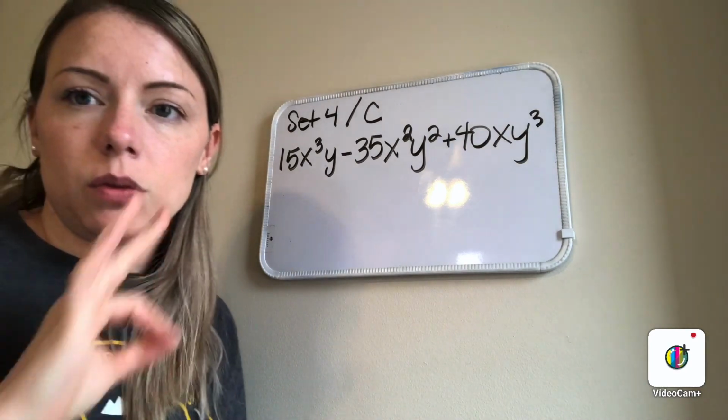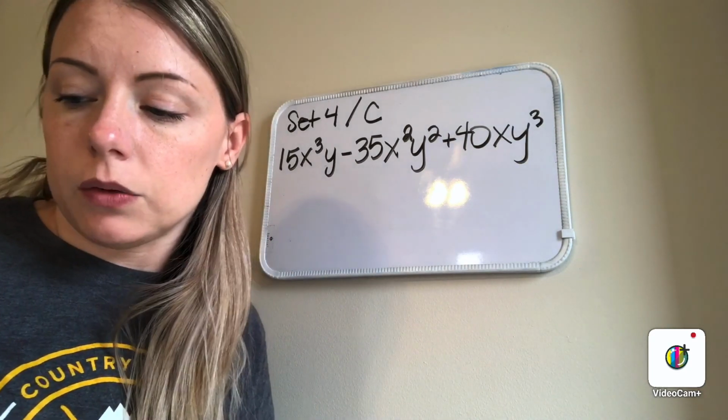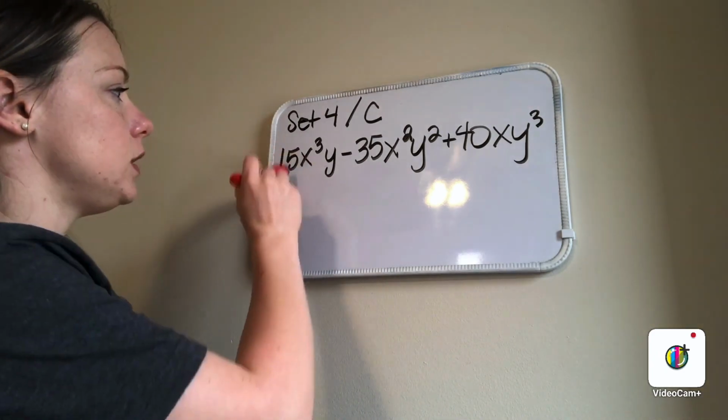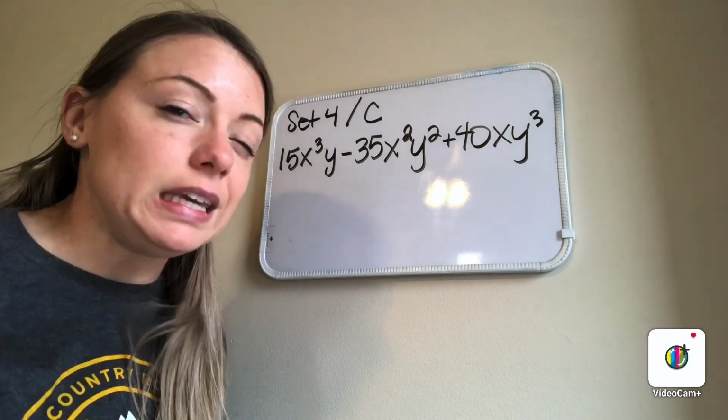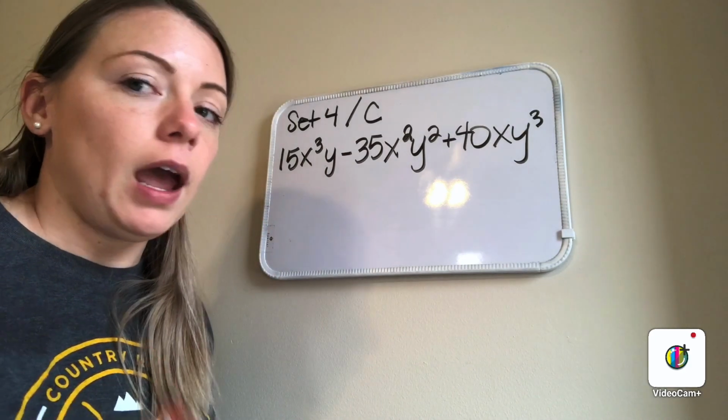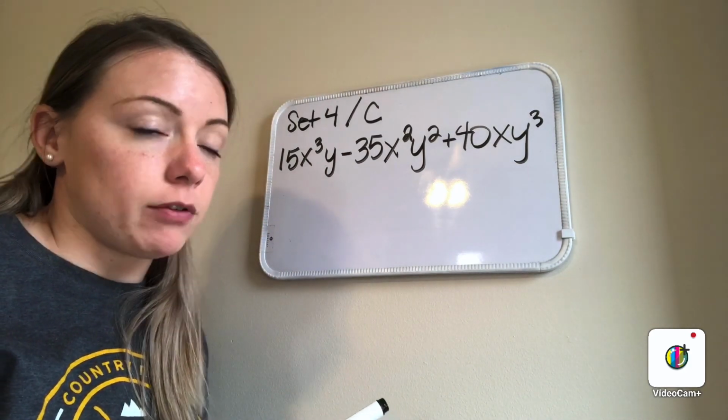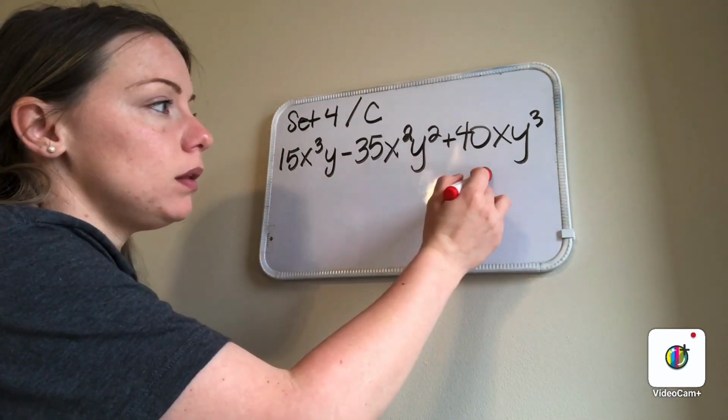All right, so we're going to go through those 3 steps just like our notes say. We are going to find the GCF of the coefficients, and then we're going to find the GCF of each individual variable, and then finally we're going to factor out whatever that GCF is from the given polynomial.